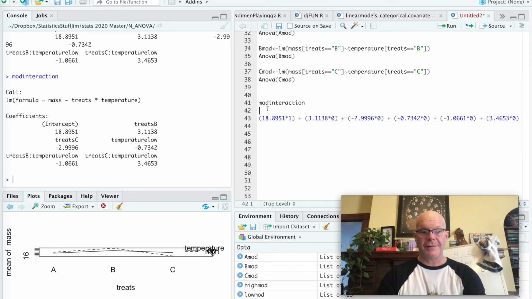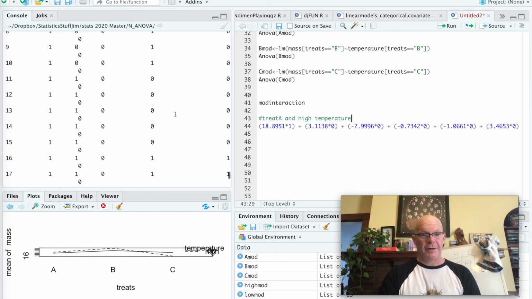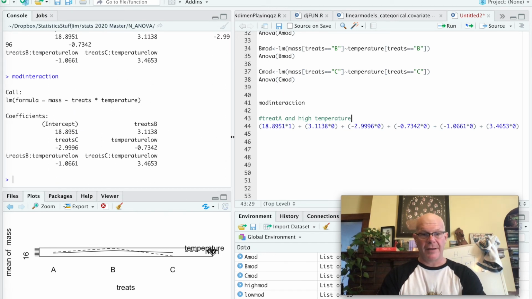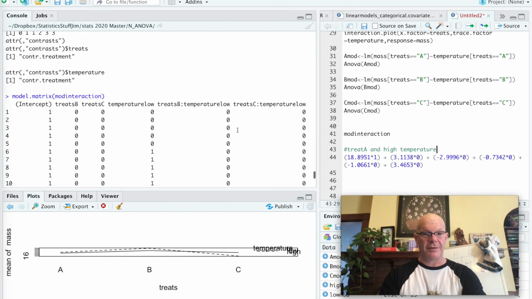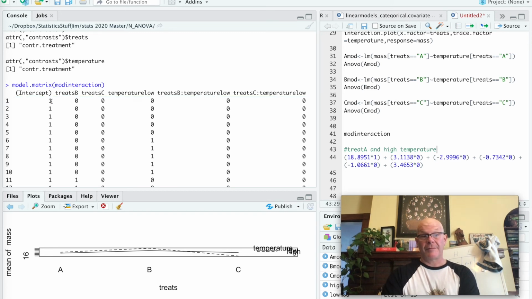Let's say that we're trying to predict if you're on treatment A and high temperature. Well, if you're in treatment A at high temperature, which again was this first row here, all of the dummies are 0, everybody gets the intercept.